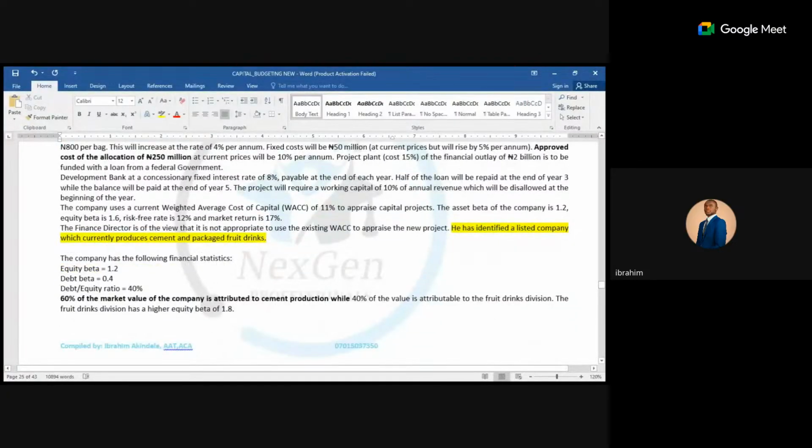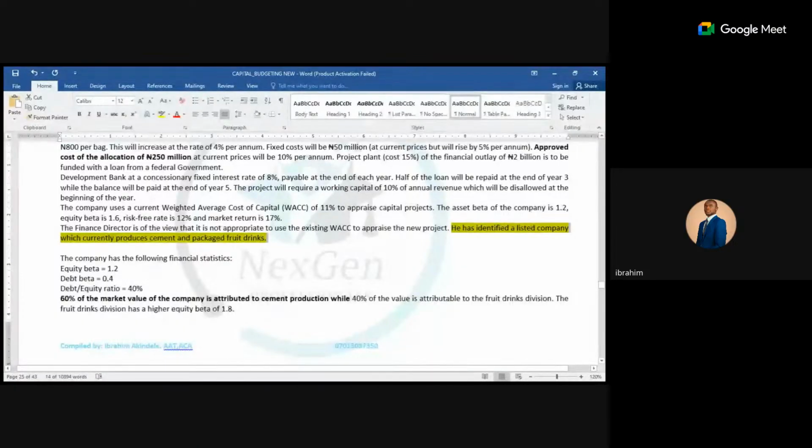Now, if you look at this part, you see that you have cement and packaged food. That is the reason why I always believe in your understanding of the question. Once you understand the question, you can solve it, right?